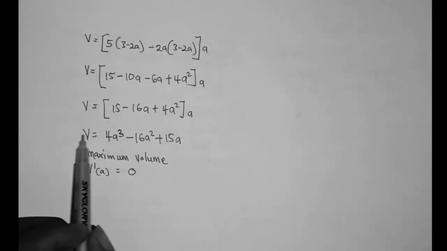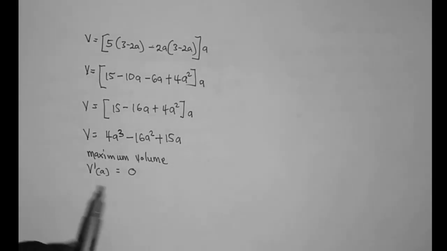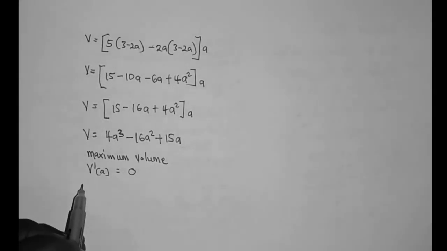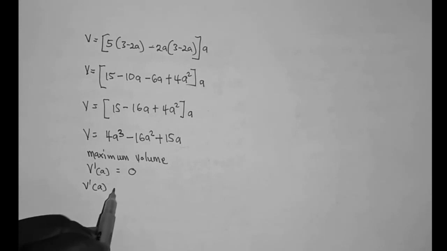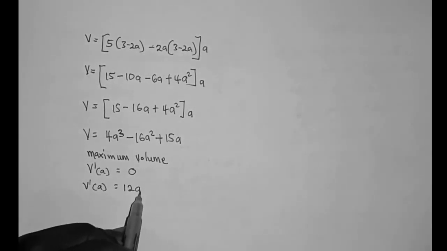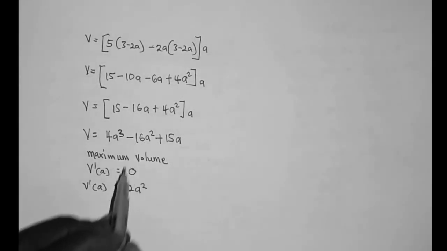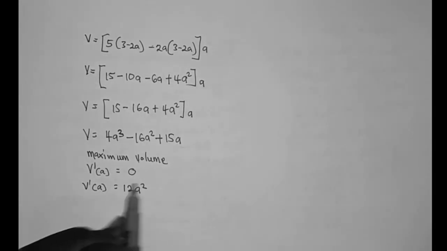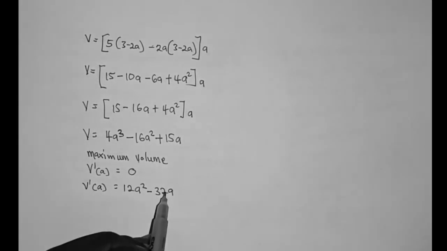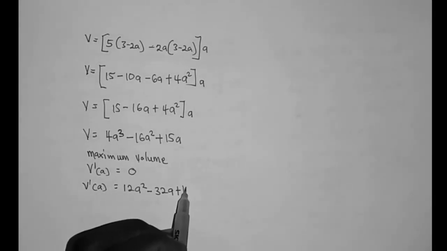So let's find V prime of A, which is just to differentiate V. If you differentiate 4A cubed, you get 12A squared. If you differentiate minus 16A squared, you get minus 32A. And if you differentiate 15A, you get plus 15.